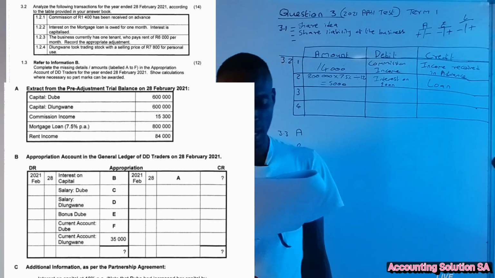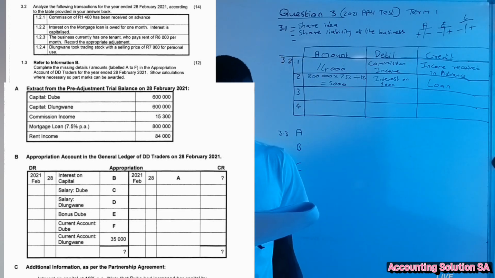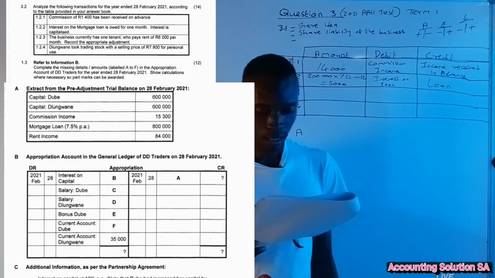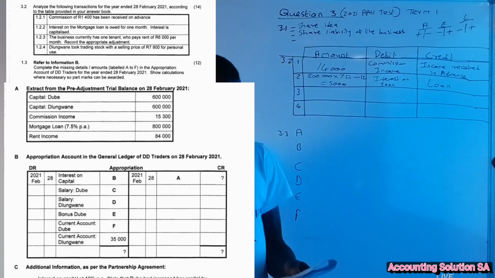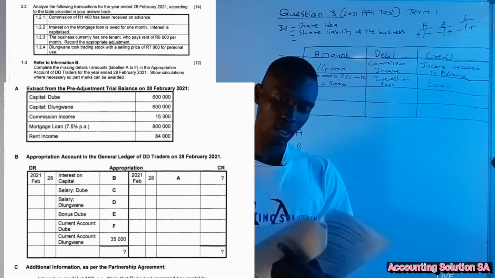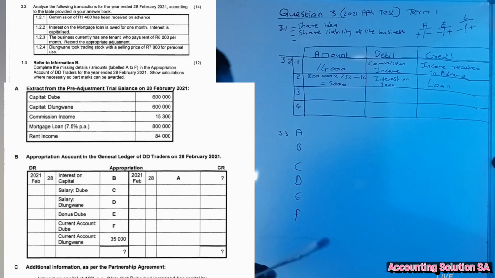1.2.3, the business currently has one tenant who pay a rent of 6,000 per month. Record the appropriate adjustment. Okay, what do we do for this one? We have to check our pre-adjustment trial balance. Okay, they said the amount of rent income is 84,000.